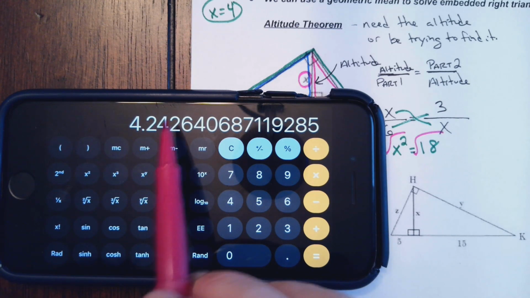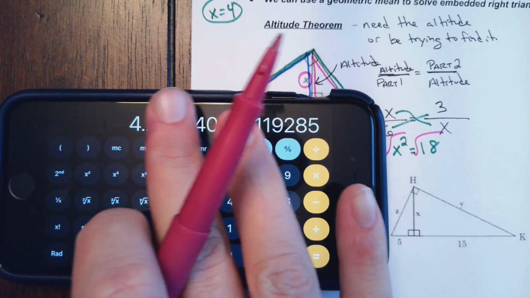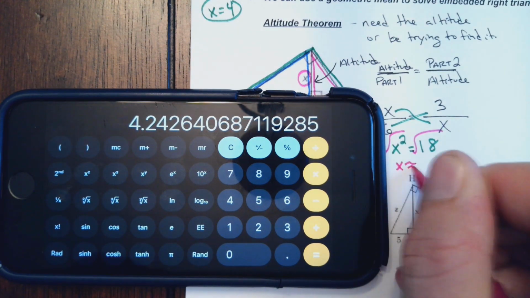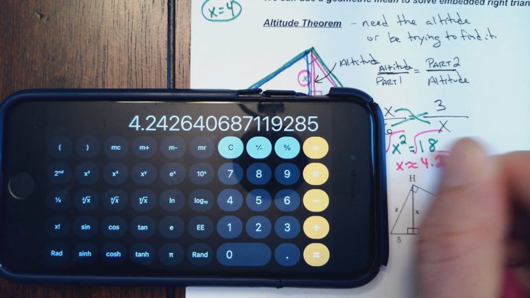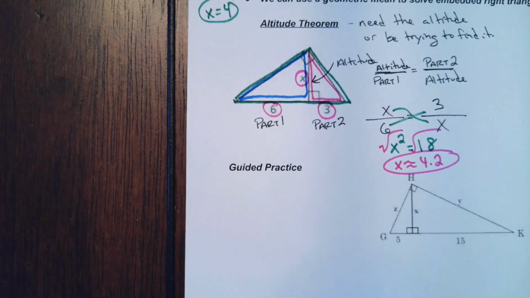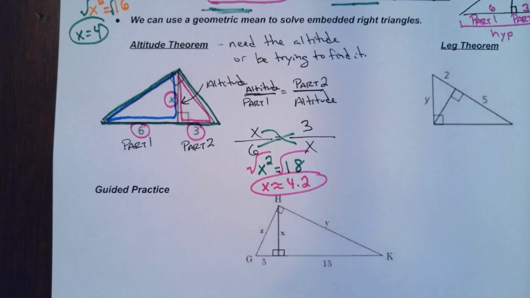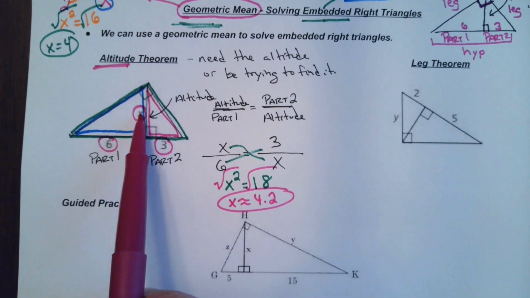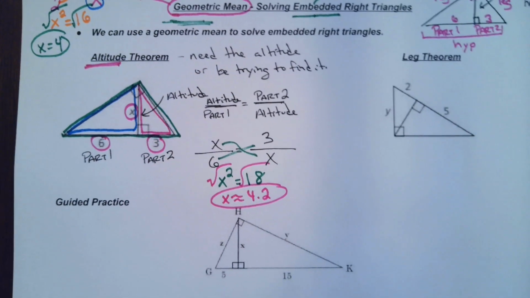That 4 is not bigger than 5, so just 4.2. So X is about 4.2. Okay, so that's using the altitude theorem. Again, we're finding the altitude, the height.